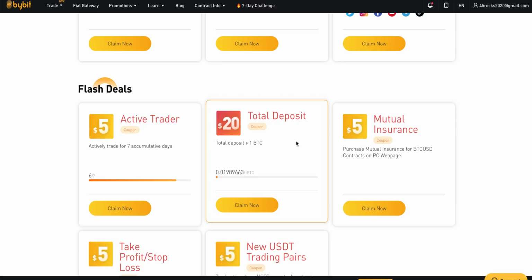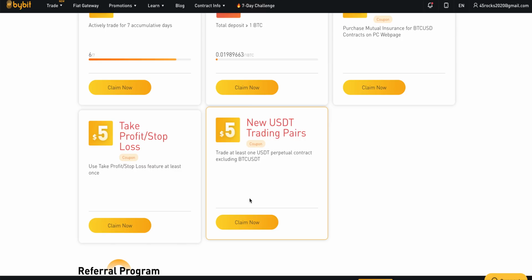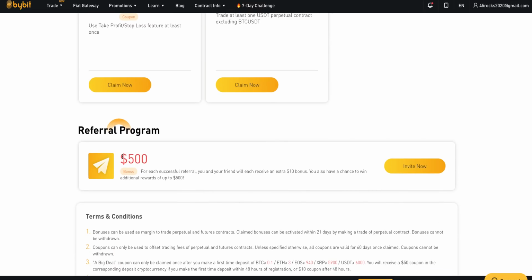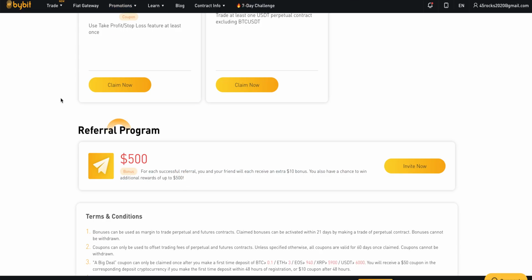If you do have a total deposit of 1 Bitcoin, you can get $20. All these different types of things. Trading new pairs, you can get rewards. They also have the referral program, where if you get one of your friends to sign up, you can get a $10 bonus, $10 of free money, plus you'll be entered into a contest to win $500, which is pretty cool.